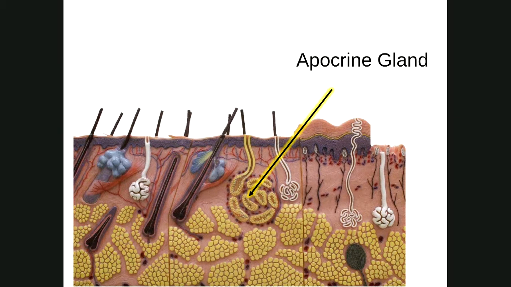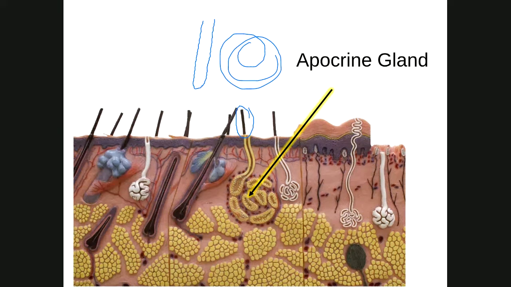So the gland looks like that, but it looks all circled only because we coiled it up. These types of glands are associated with hair. So you'll find them in your armpits, you'll find them in your pubic area.